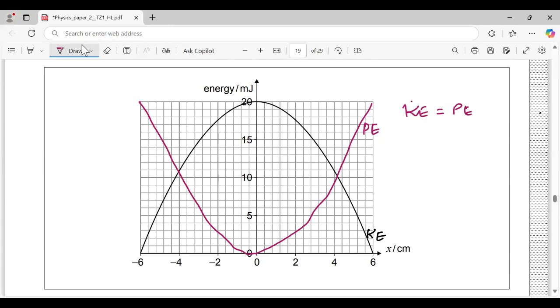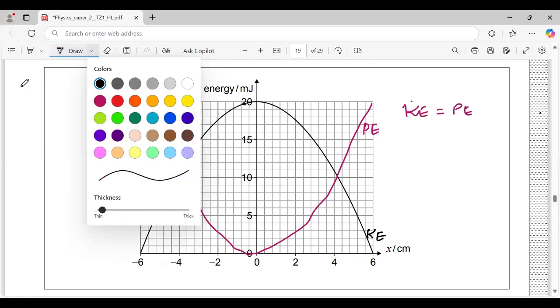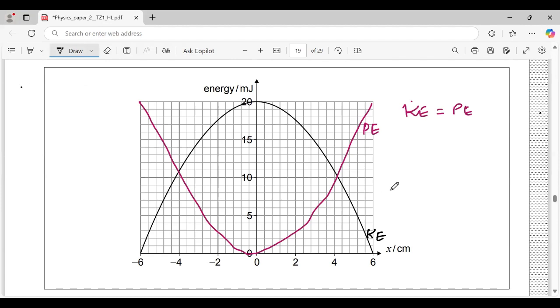Okay, this is the kinetic energy maximum and this is potential energy maximum. So in half oscillation, it has 2 points. Okay, one, two.